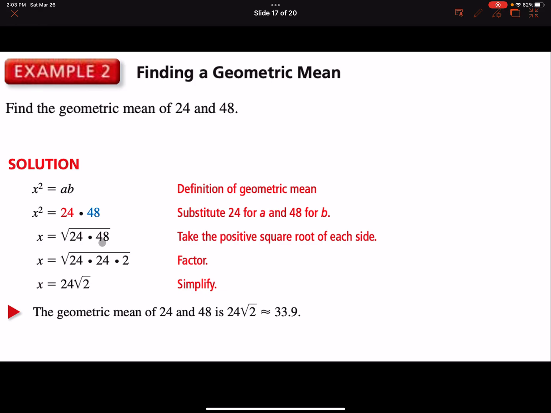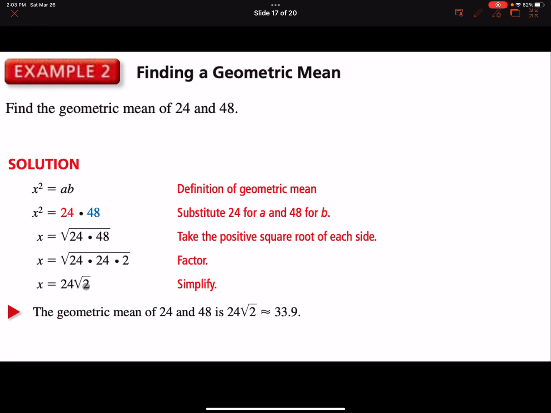You're more than welcome to multiply them together. However, because 48 can be broken down into 24 and 2, what they decided to do here was to take the square root of 24 times 24, which is 24 squared. And since there's two of them, we can just take the 24 and put it on the outside and then keep the root 2 underneath.